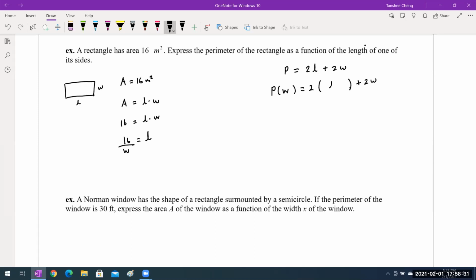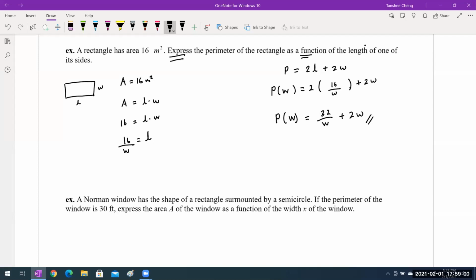So I can substitute it in here. L is 16 divided by W. So therefore, my final answer, the perimeter in terms of the width of the rectangle, is going to be 32 over W plus 2W. And that will be the final answer for this problem, because we just want to express it as a function.